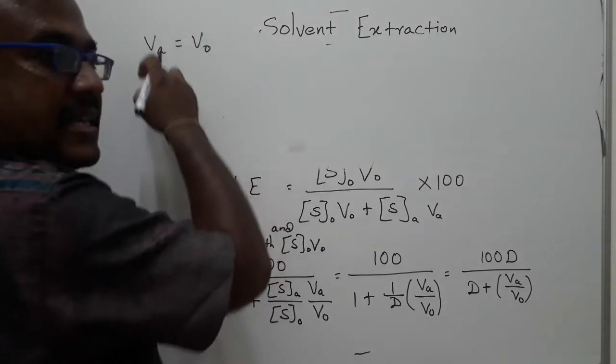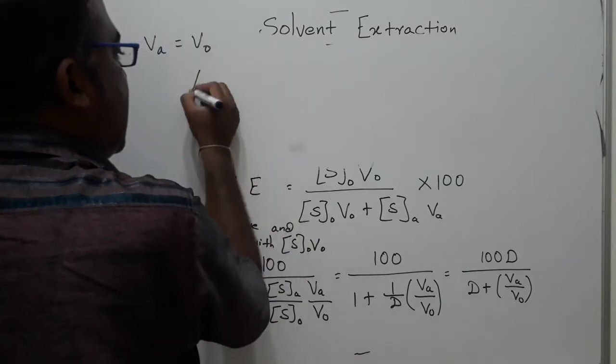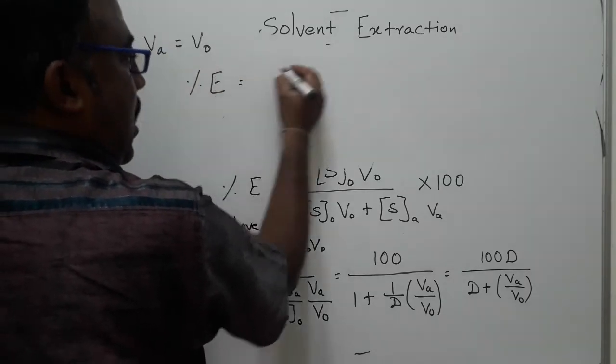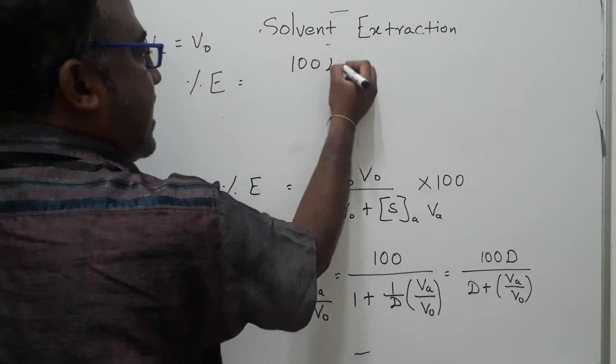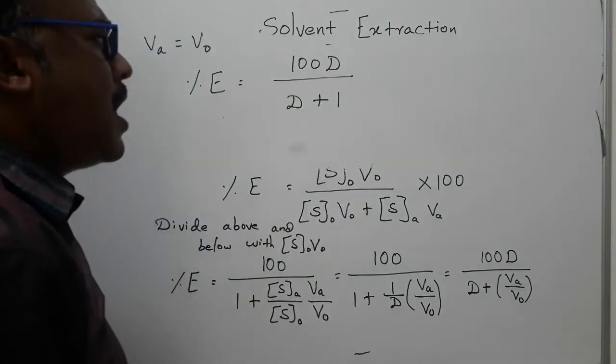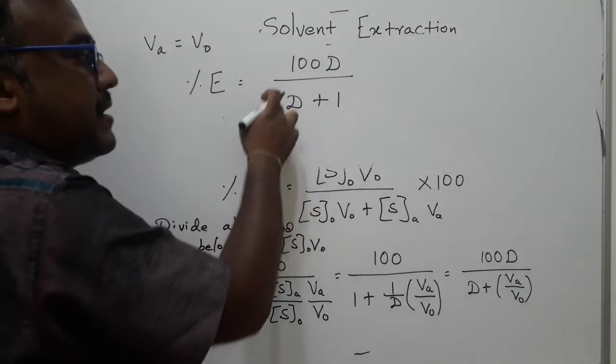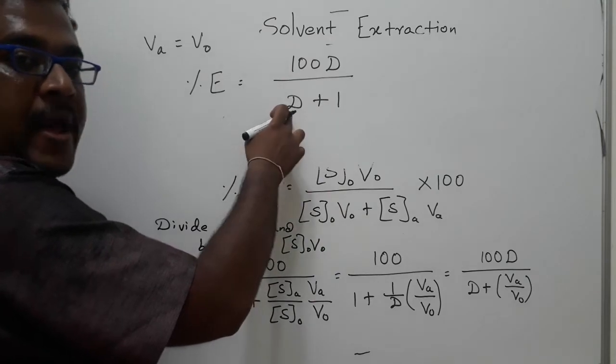If you use the same volume for both, under that condition the percentage extracted E is equal to 100 D divided by D plus 1.